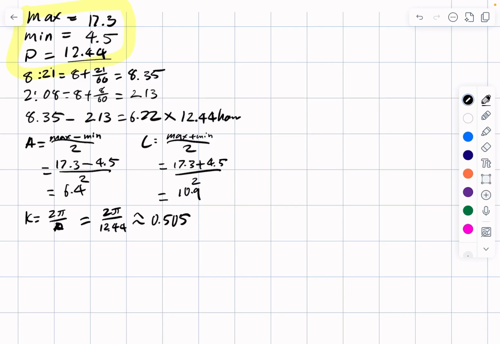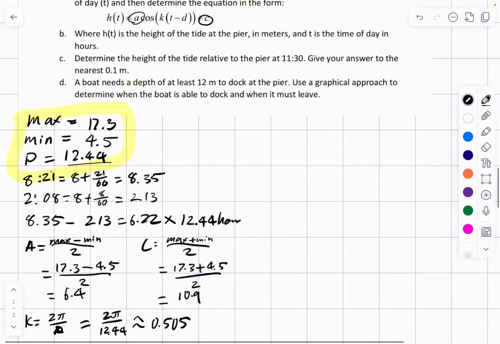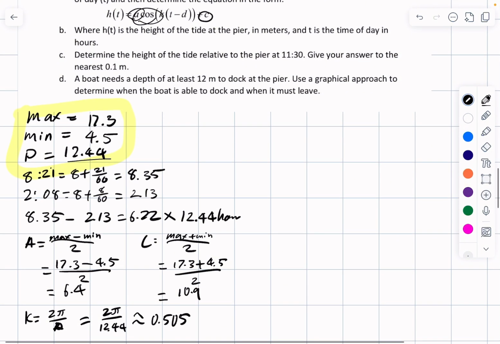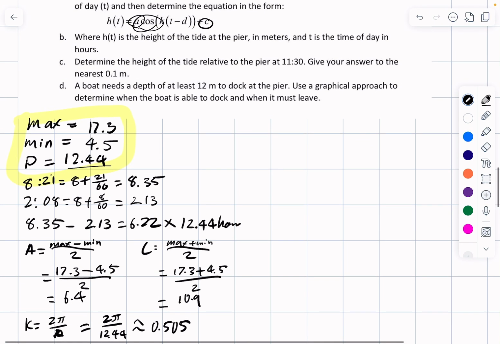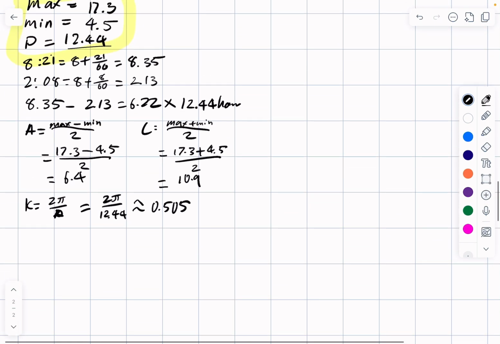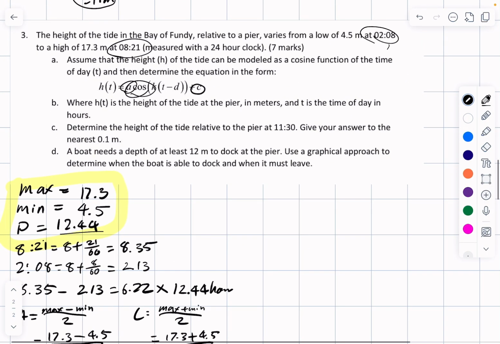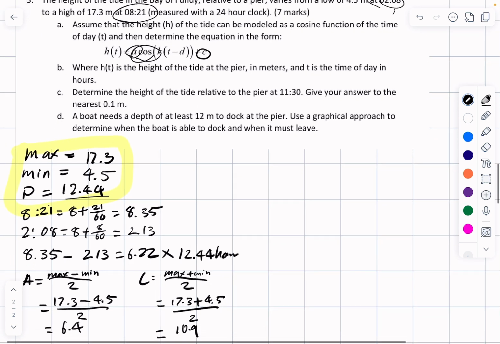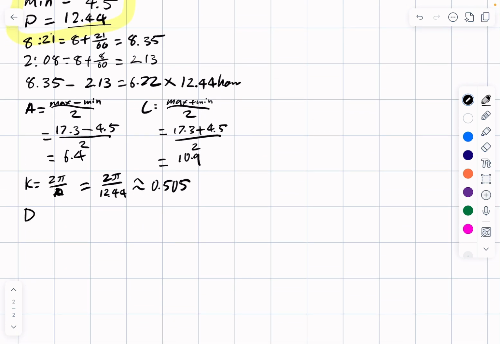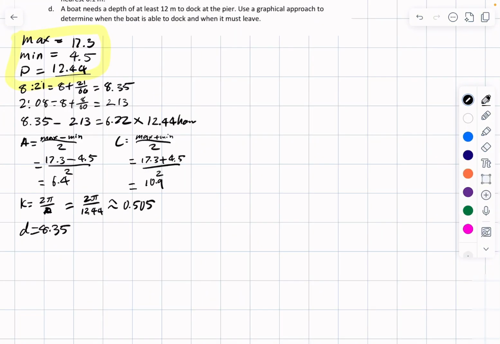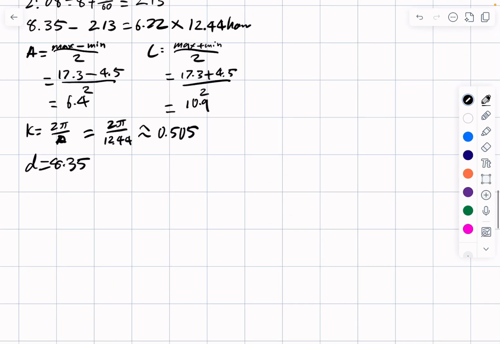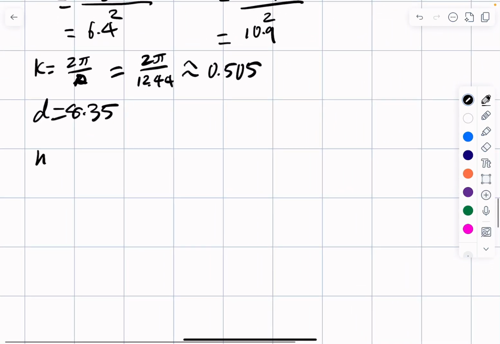And the last thing is the D. Since it is a cosine-based function, cosine will start at the maximum. That means the D will be at the high tide time, which is 8.35.